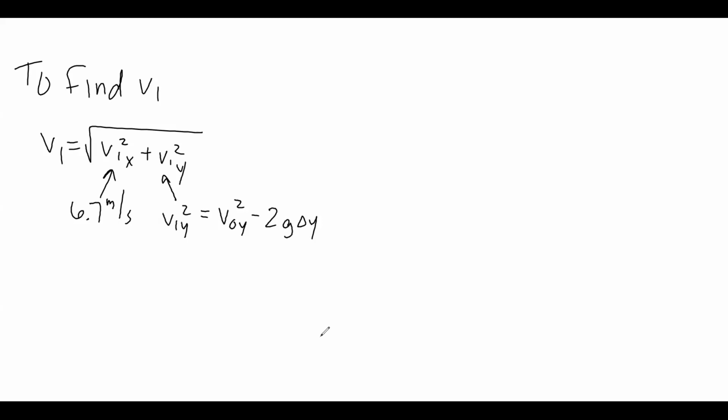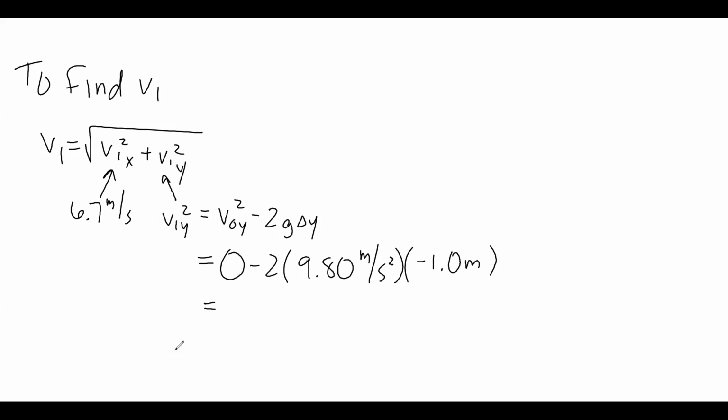And just plug that in. So that's 0 minus 2 times 9.80. That's technically 3 sig figs. Displacement in this problem is only known out to 2. When the smoke clears on that calculation, 2 times 9.8 is 19.6.